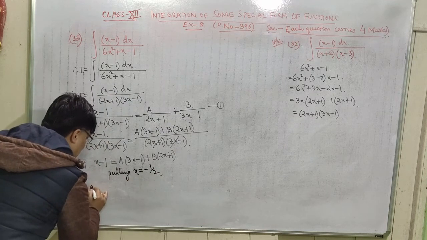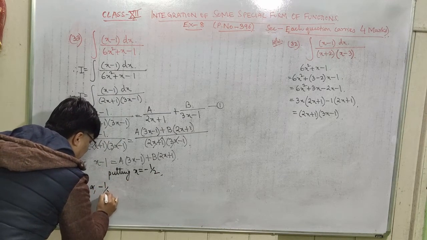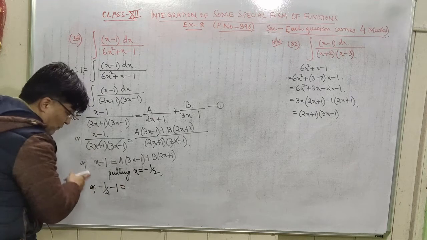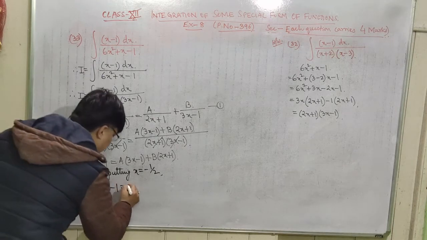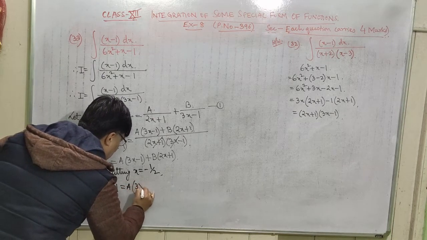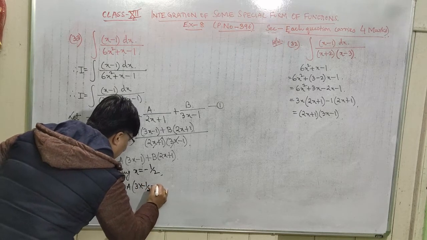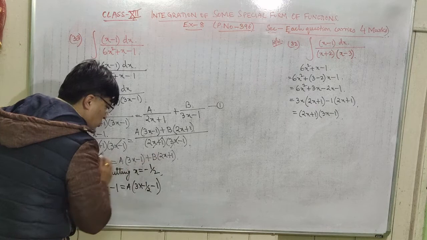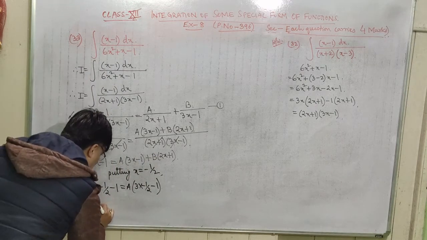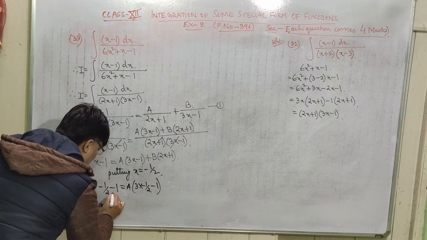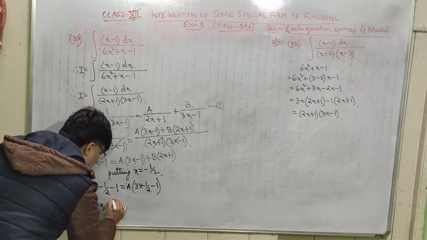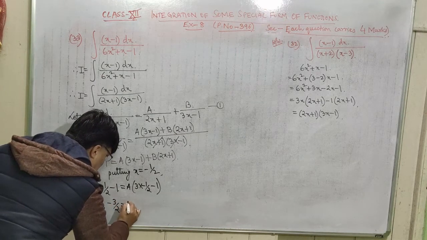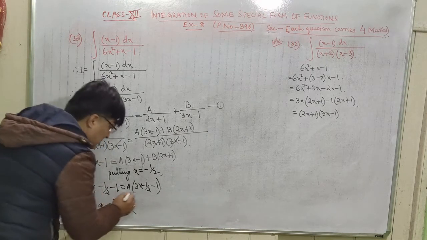So what do we get? Now this is minus half minus 1. You have to put the value for x here also, minus half, right? So A into 3 into minus half minus 1, then this is automatically 0, right? Now 2 ones are 2, minus 1 minus 2 is minus 3 by 2 is equal to A into, how much is this?